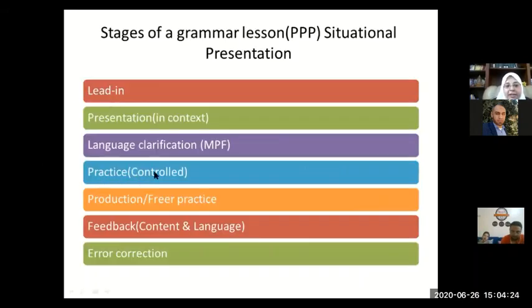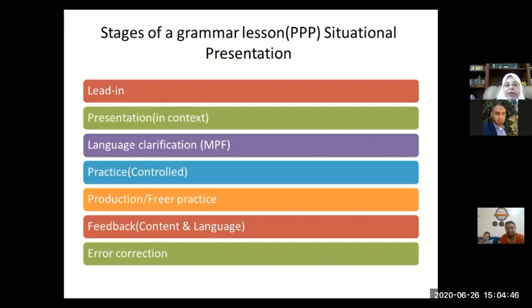The second stage is practice, which is controlled practice. I provide my learners with an exercise where they can complete, match, fill in the gaps, and so on. And then we have the production stage where the learners speak about the topic or write about the topic. And then we give them feedback, content and language feedback.